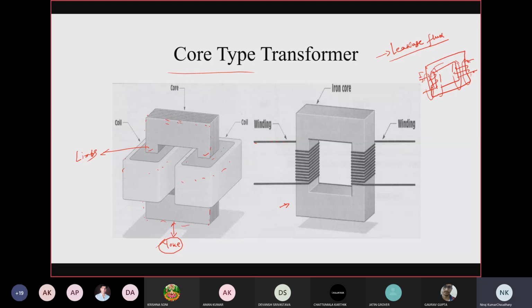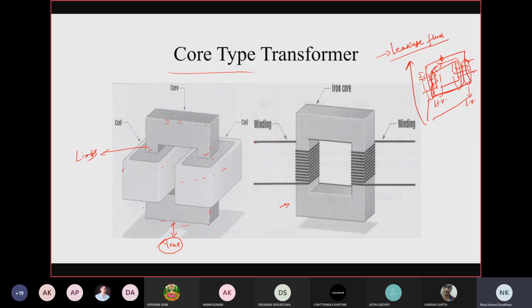The flux which links both the primary and secondary winding is the useful flux in the transformer. But you can see that some part of the generated flux links only this high voltage winding, and some part of the flux links only the low voltage winding, right? So these fluxes are known as your leakage flux, right?